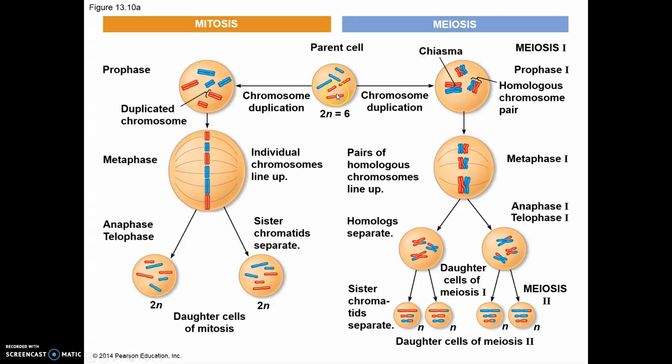So here, looking at side by side, here we have a parent cell. In this case, it's going to go through mitosis. So we have 2N. Here we're going to go through a phase where we are 4N. So we duplicate all the DNA. We are now 4N. Here we line up with all of the individual chromosome sister pairs along the metaphase plate.